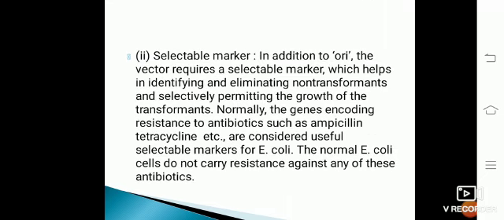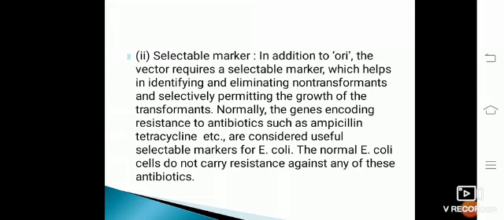The next one is a selectable marker. The vector also requires a selectable marker, that is, an antibiotic resistance gene. What are antibiotic resistance genes? These are present in the plasmid to identify and eliminate non-transformants and selectively permit the growth of transformants.